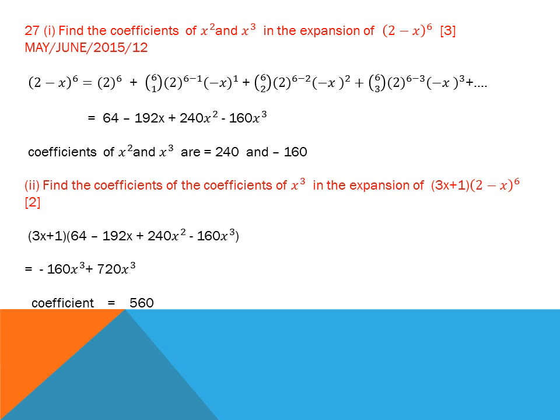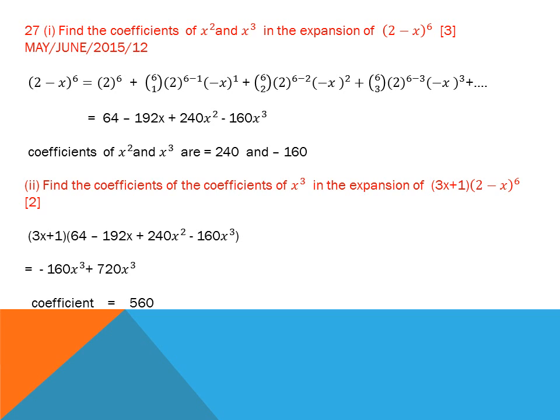In part 2, find the coefficient of x cube in the expansion of this, 3x plus 1 times the expansion. It means we need the terms including x square and x cube, because when 3x is multiplied with the term x square, it will become x cube. 3x plus 1 into, I put all the terms and take only the terms which include x cube.